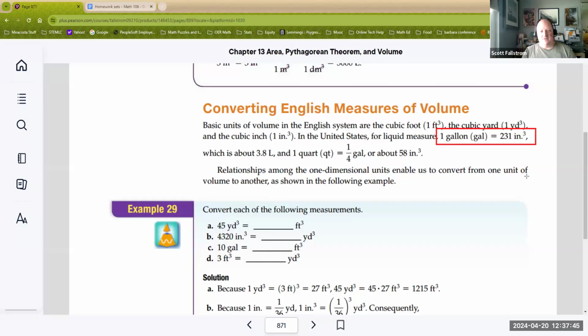I promise you, I will tell you that. You do not have to make that up or memorize it. In terms of the rest, cubic feet, cubic yards, cubic inches, those you need to know, because you know yards to feet, feet to inches, inches to miles, all of those. Yes, you need to know that.